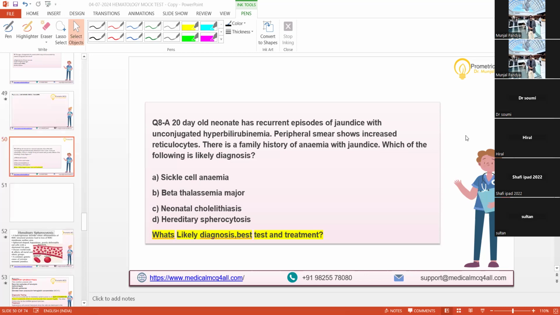Again, when hemolysis happens, what happens? There is fast destruction of RBCs, so the bone marrow tries to produce more, and the retic count is very high. It's a natural feedback mechanism. When your body needs it, your bone marrow makes it.